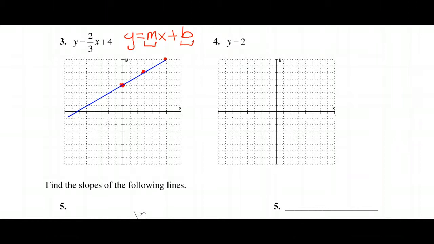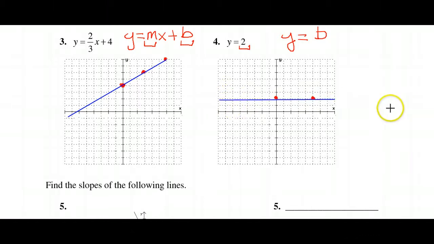Now, for this next one, this is a special case where it's in the form y equals b, and this happens to be a horizontal line going through the y-intercept at 2. So we just put a dot there and another dot in the other place and make our line.